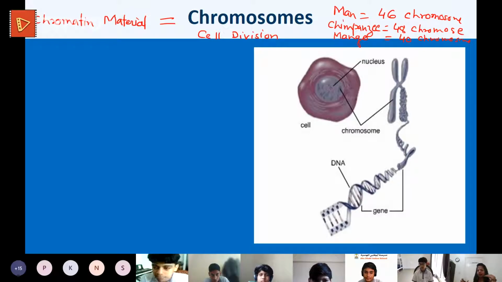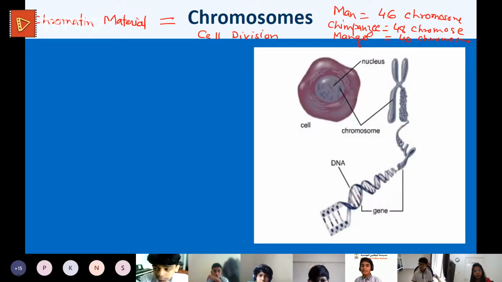Every cell has a nucleus, and in every nucleus there are 46 chromosomes, whether it is the nucleus of the leg, the hand, the chest, or the head. Every cell's nucleus has 46 chromosomes.